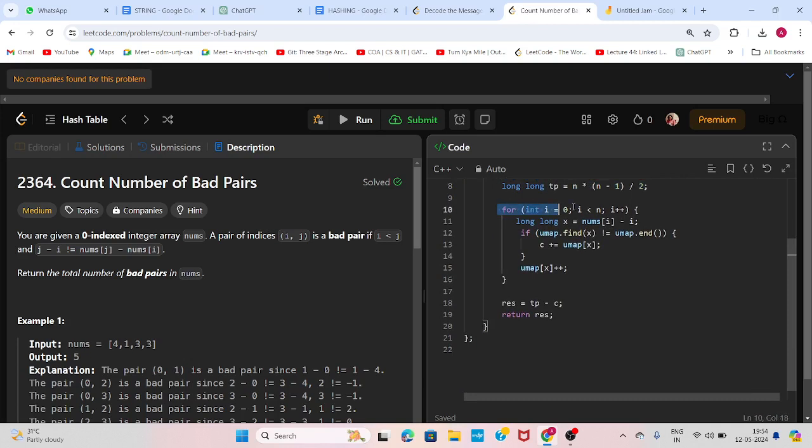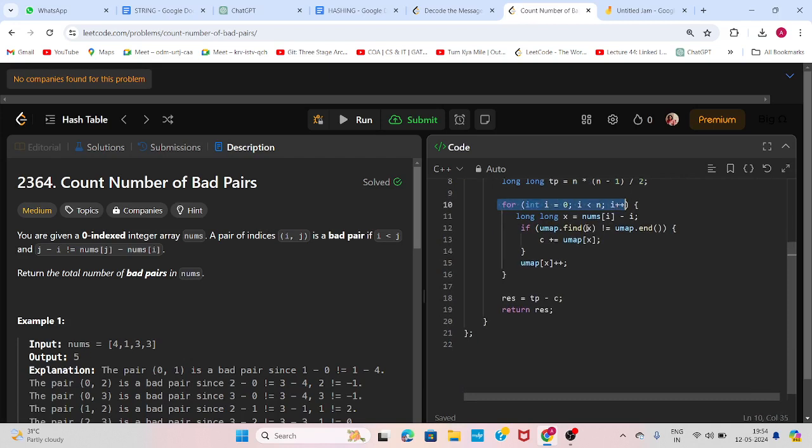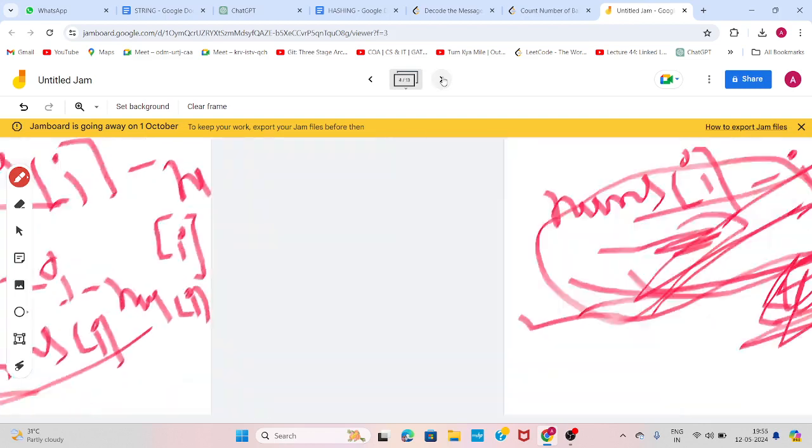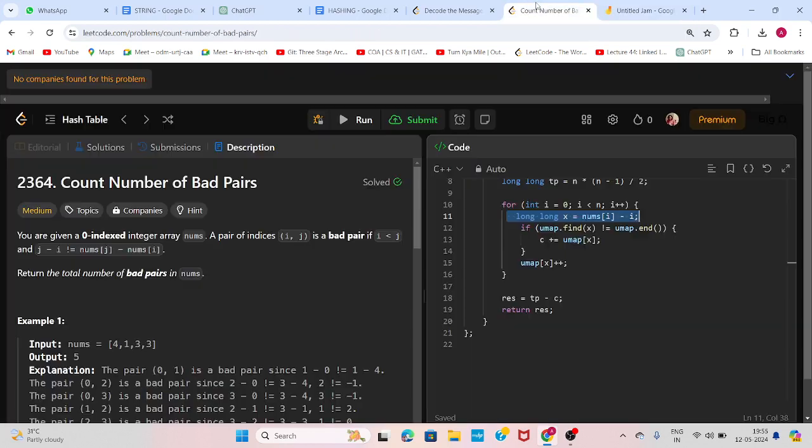Now we will run a loop from 0 to n in the array. We calculate x equals nums of i minus i, what I have discussed here, and we check if it is present. We add its frequency, how many times that value has appeared, to our answer, and after calculating the answer we push the new one to our map.